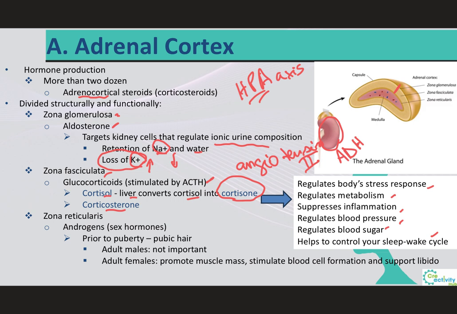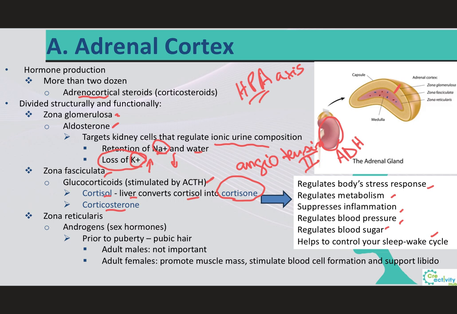With regards to increasing and regulating blood sugar, under normal conditions, cortisol will actually counterbalance the effect of insulin, which is a hormone that's produced by the pancreas, and we'll see this in the next learning outcome. So cortisol will counterbalance the effect of insulin to regulate your blood sugar.